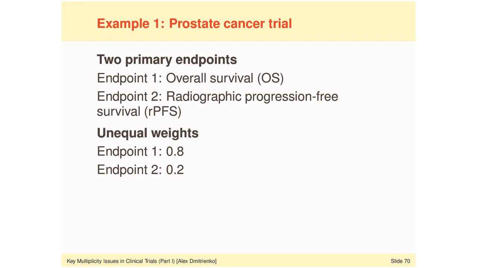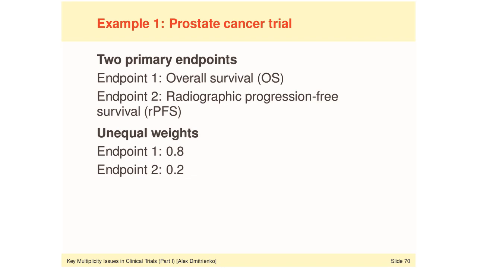For example, in the enzalutamide trial that serves as the main inspiration, so to speak, for this example, the primary endpoints were analyzed as follows. The overall two-sided type 1 error rate of 0.05 was split between overall survival and radiographic progression-free survival, with an error rate of 0.001 allocated to radiographic progression-free survival and an error rate of 0.049 allocated to overall survival.